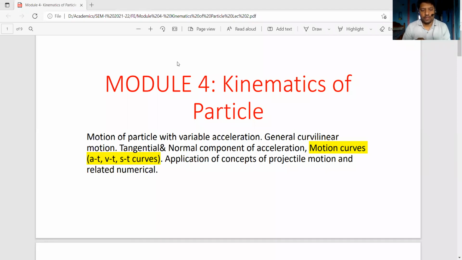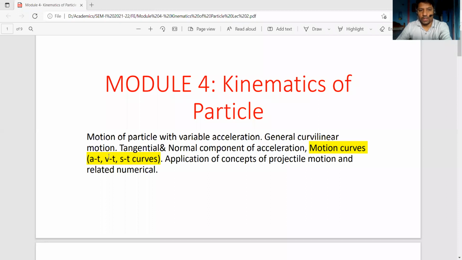Okay, so let us begin with the new topic today. As I have highlighted in the PPT, that is motion curves. You can also call them motion graphs, which are the acceleration time graph or diagram, velocity time graph, then displacement time curves.